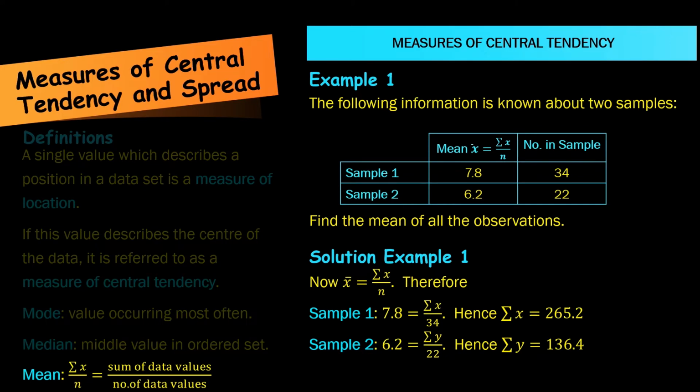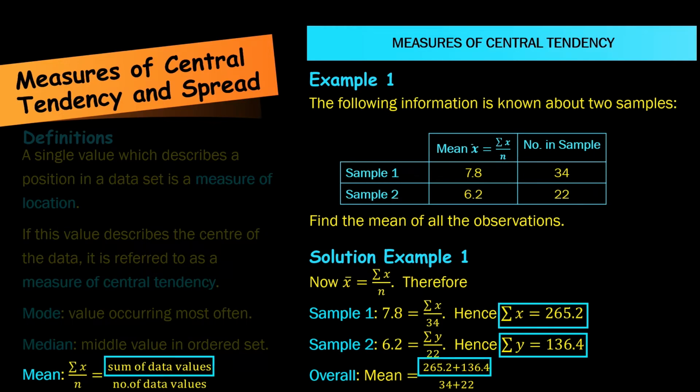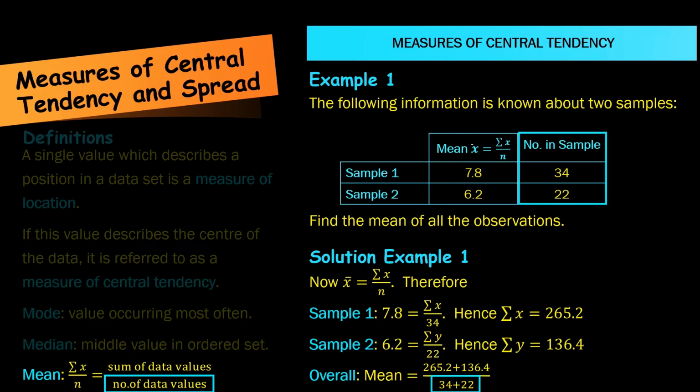And so we have sum x for sample 1 and sum y for sample 2. So the overall mean is the sum of all the values, which is 265.2 plus 136.4, divided by the total number of data values in both sets, which is 34 plus 22.